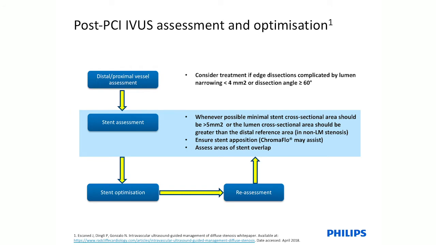This slide shows a different part of the algorithm that we discussed before that has to do with the post-PCI assessment and optimization of stenting with IVUS. So basically, we first start with assessing the distal and proximal vessel, and we try to assess if we have edge dissections that complicate luminal lowering.